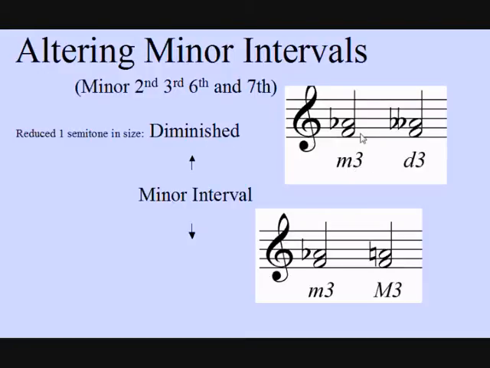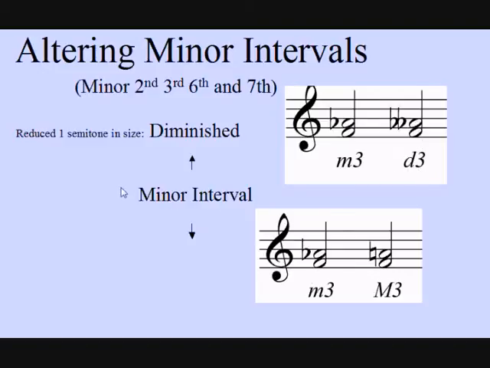A third can only be major or minor, or, as we can see now, can also be diminished. When a minor interval, like the third, the seventh, the sixth, or the second, loses one semitone, then it becomes diminished. For example, this is a diminished third.